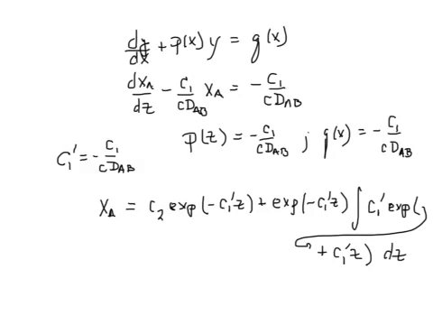So this is simple enough. We get immediately that 1 minus XA would be equal to C2 exp of minus C1 prime Z, and the non-homogeneous term just gives us 1.